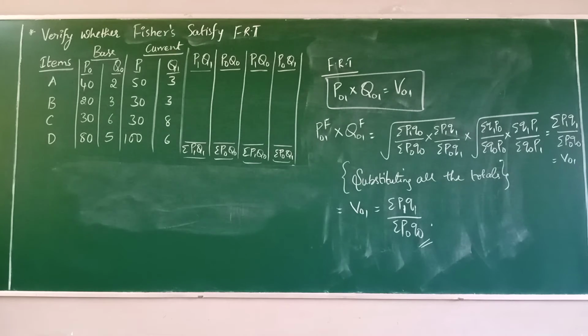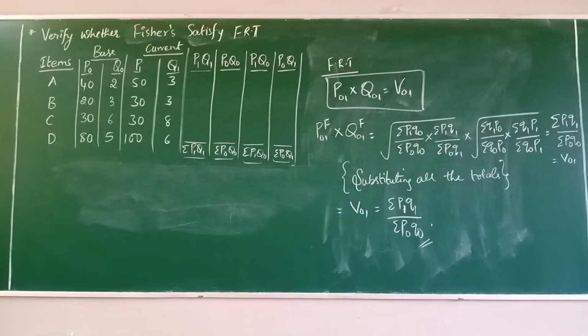Clear? So without substituting the values, don't write the value directly, like V01, and then TRT equals 1. After substituting the totals, only then it has to be proven that the condition satisfies TRT as well as FRT. Clear? So this is the problem.